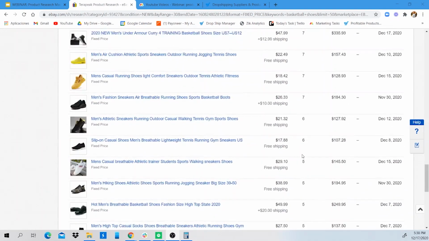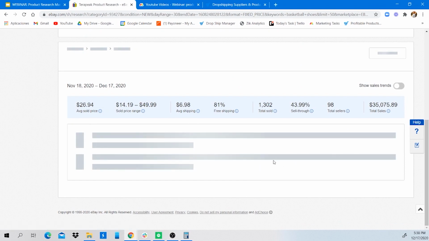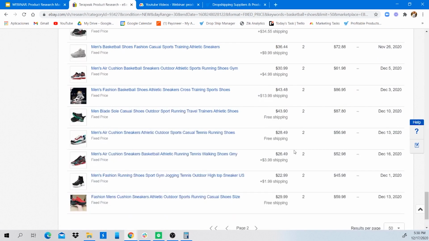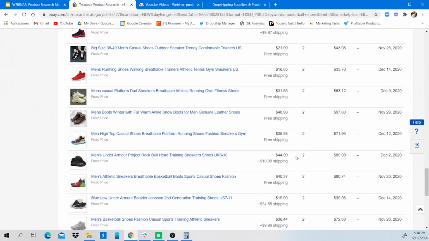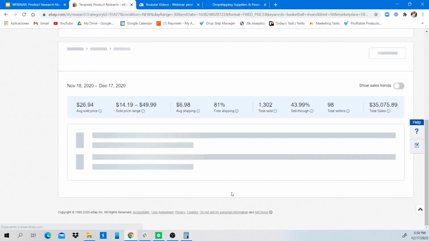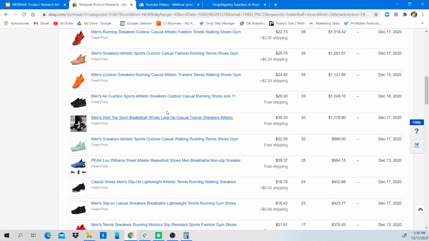So always try to be on the safe side, and scroll over to the second page or third page where you'll find products with 30 to 60 sales, and that's how you do it. But let's stick to the first page since there's no need to go to the second page, and let's try with any product over here.